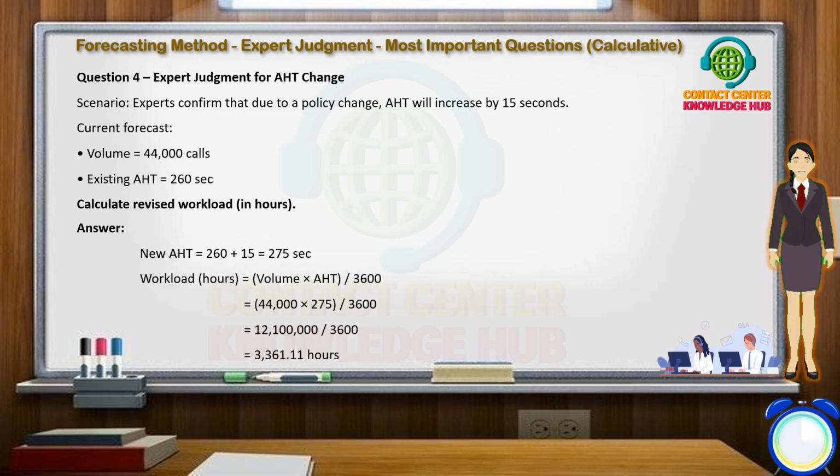Now convert seconds to hours by dividing by 3600. 12,100,000 divided by 3600 equals 3,361.11 hours. So this revised workload equals 3,361.11 hours. Key takeaway. Even if volume stays the same, a small AHT increase can create a large workload jump, which directly impacts staffing, scheduling, and service level planning.